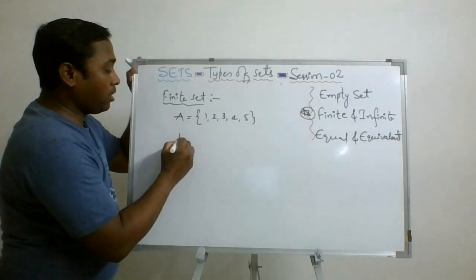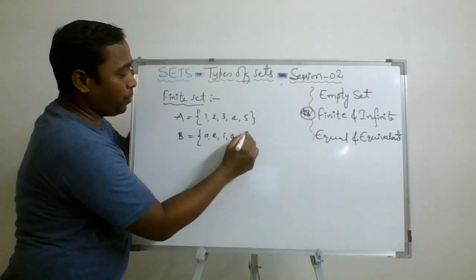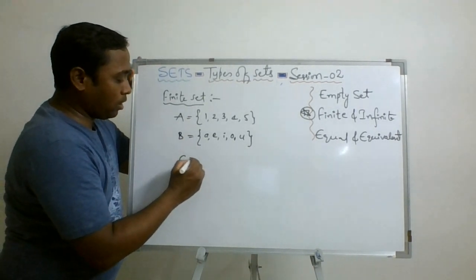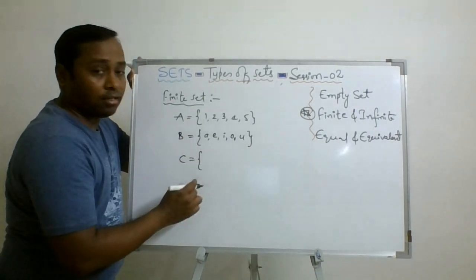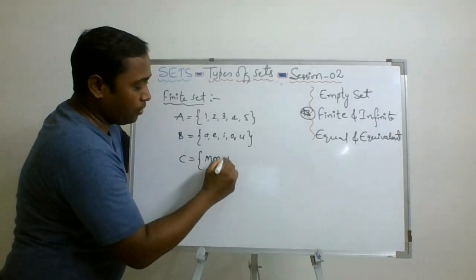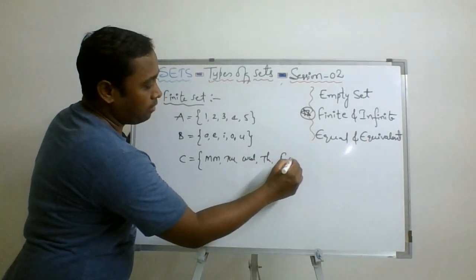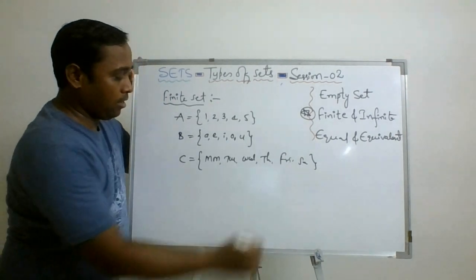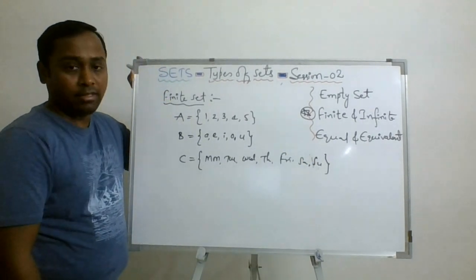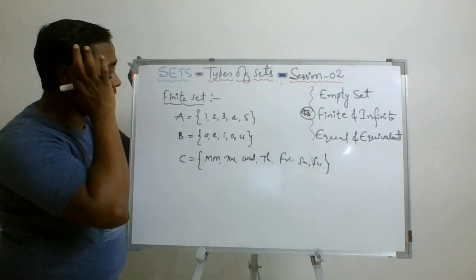Another example is the set of vowels in the English alphabet: A, E, I, O, U. You may also take the set of days in a week: Monday, Tuesday, Wednesday, Thursday, Friday, Saturday and Sunday. So there are 7 days, a finite number of elements. Hence, we can write it as a finite set.